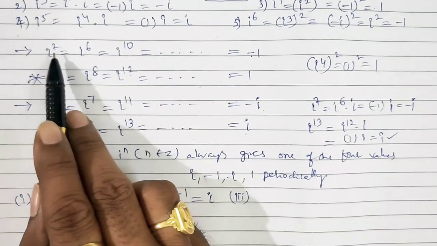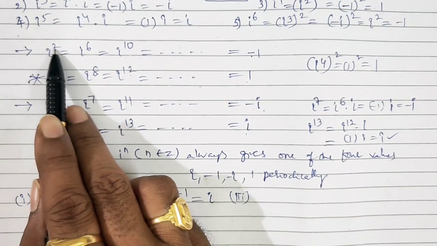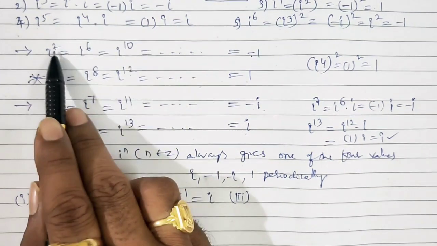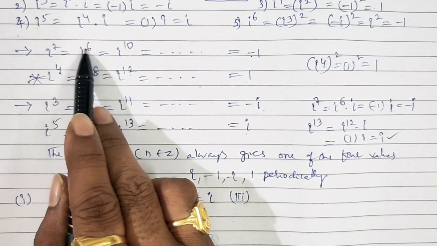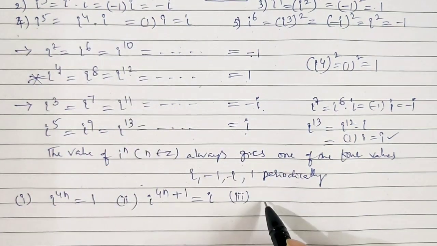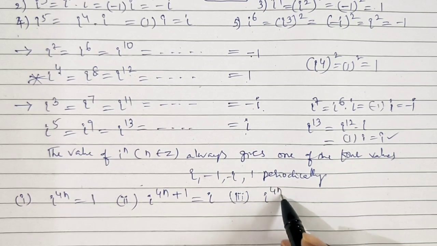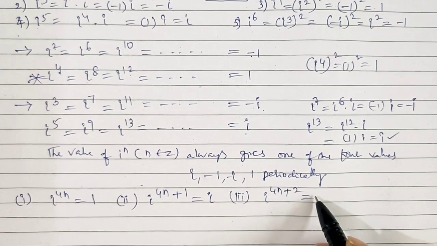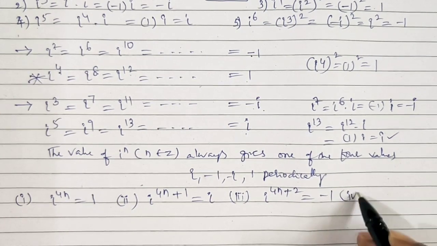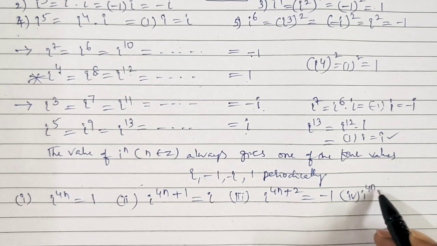So if you divide these exponents by 4, we always get the remainder 2. So i power 4n plus 2 value we get minus 1. In the same way, the fourth one, i power 4n plus 3.